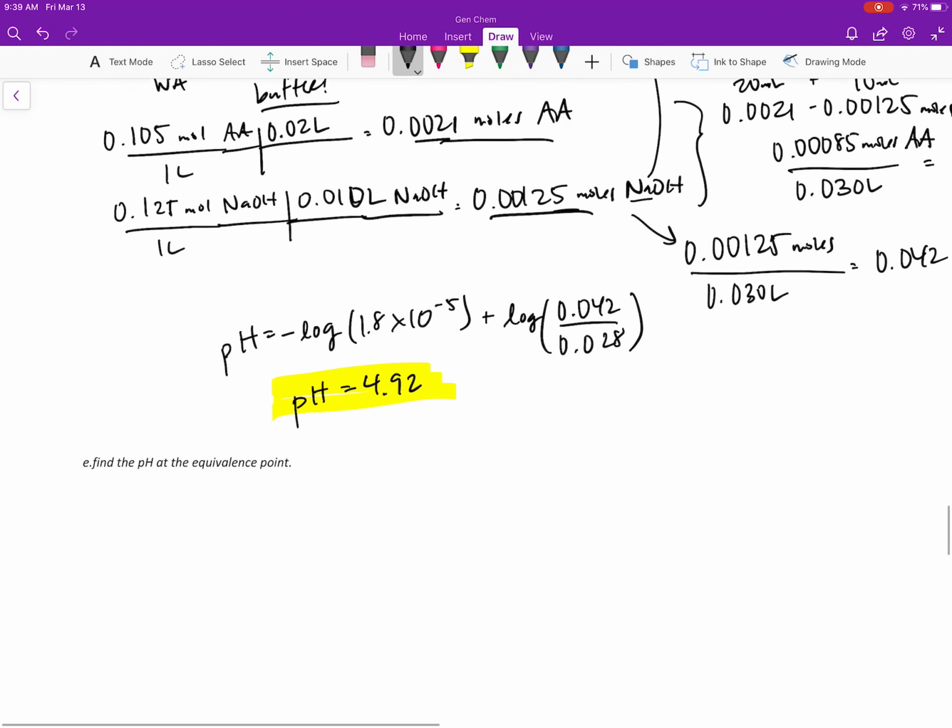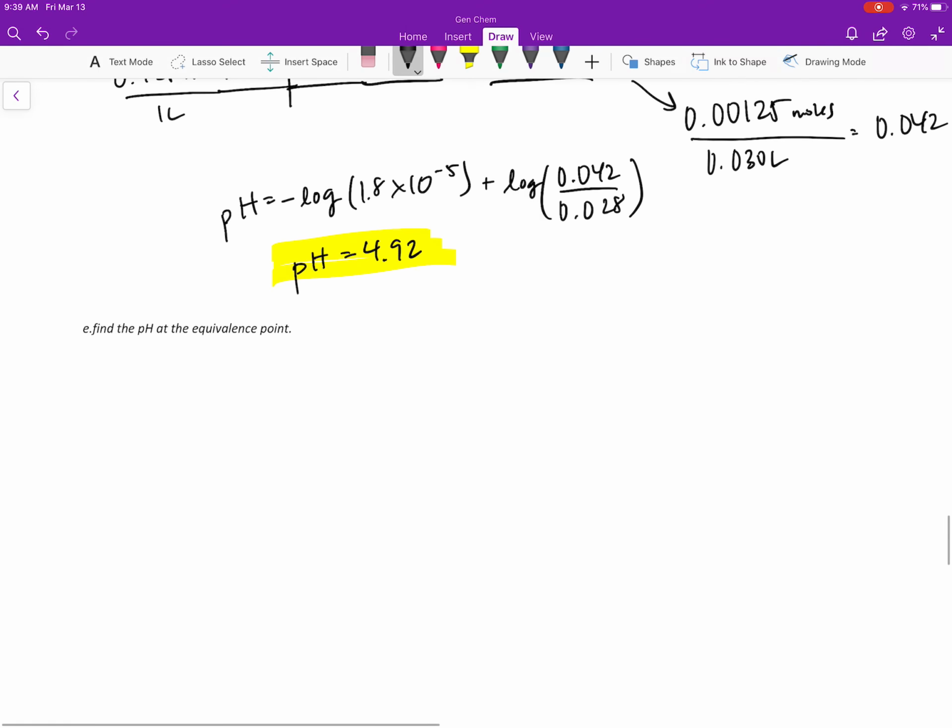All right. So to find the pH at the equivalence point, I know the volume because I've been given that volume. So in this case, what is going to dominate is the CH3COO minus. Okay, so this is my weak base that's going to dominate.